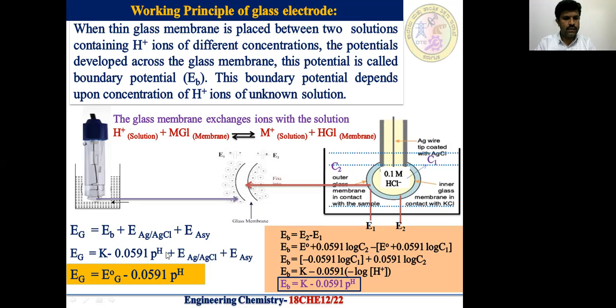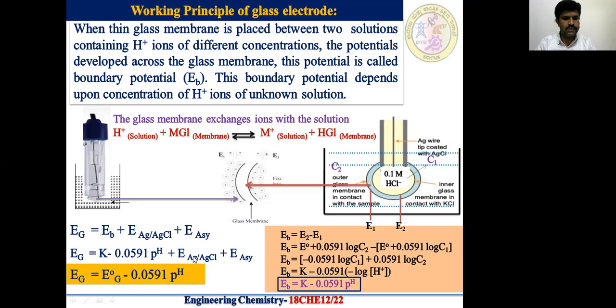Here the electrode potential of the reference electrode is constant, and the asymmetric potential is also constant for a particular glass membrane. Hence this E asymmetric is also constant, and E of Ag bar AgCl is also constant.